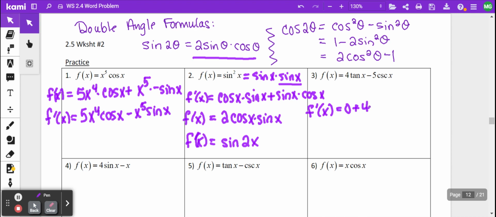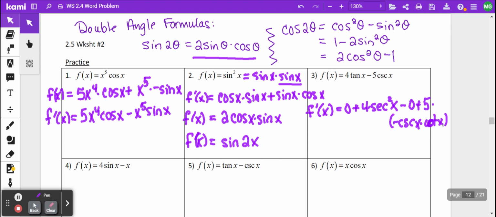On the first column, the derivative of tangent of x is secant squared of x, minus the derivative of 5 is 0 times cosecant of x, plus 5 times the derivative of cosecant of x. Well, what is the derivative of cosecant of x? If you look in the second column, third one down, running out of space here, it's negative cosecant of x times cotangent of x.